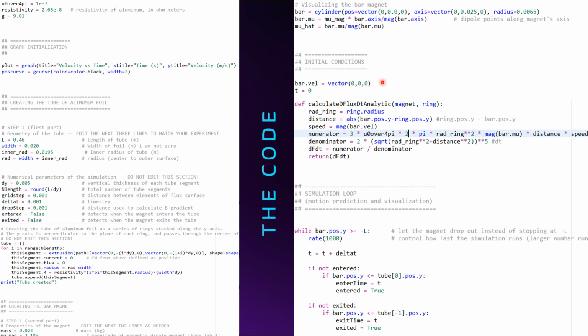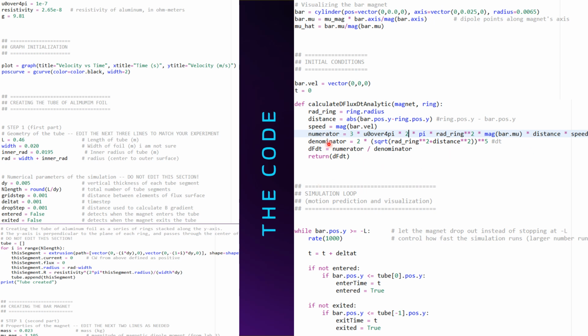And then over here, as you will notice, we release our magnet from rest at time 0. And as time moves on, we need to calculate how our flux is changing, for example. So we do that with this equation right here.